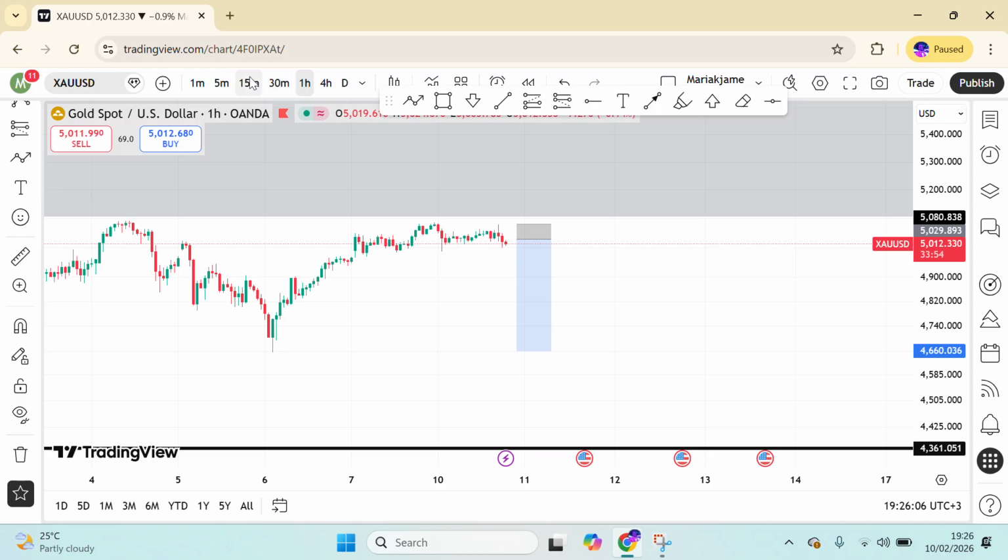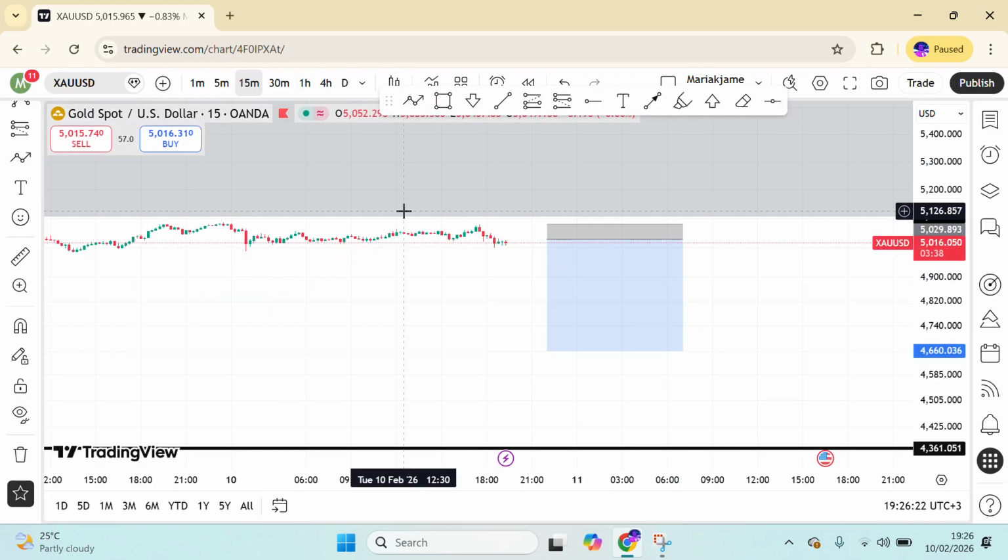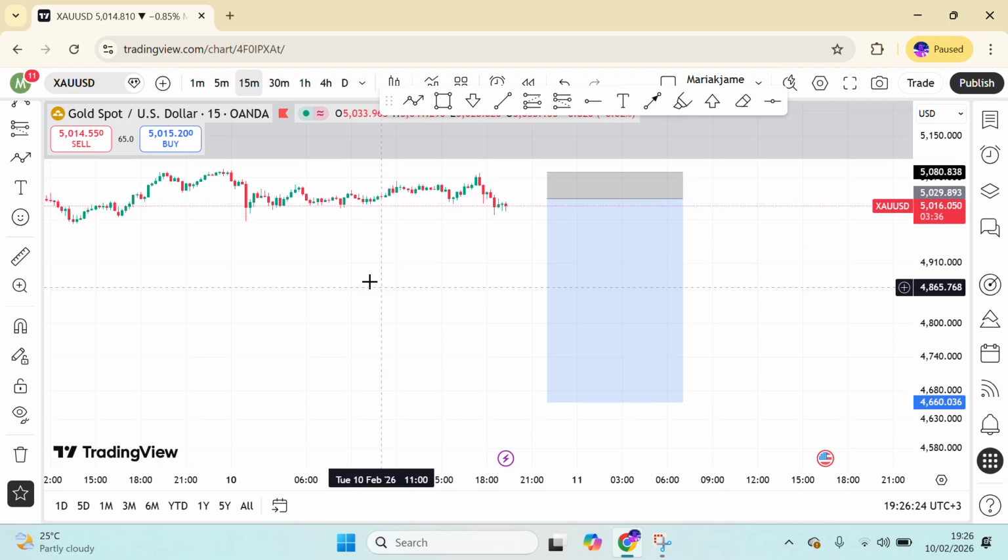Here now we have to go to 15 minutes. So what do we do in the 15 minutes time frame? We simply look for entries. What are those entries? After us finding all the points of interest, then we just count 15 minutes, or even you can get your points of interest also in the 15 minutes time frame.